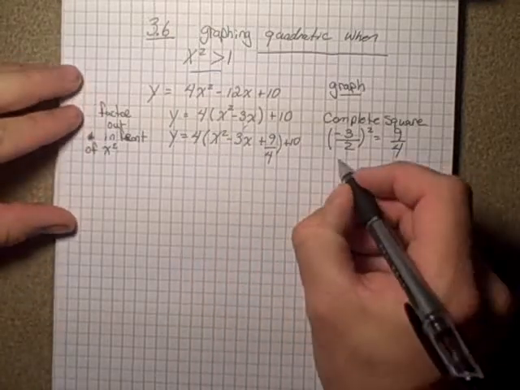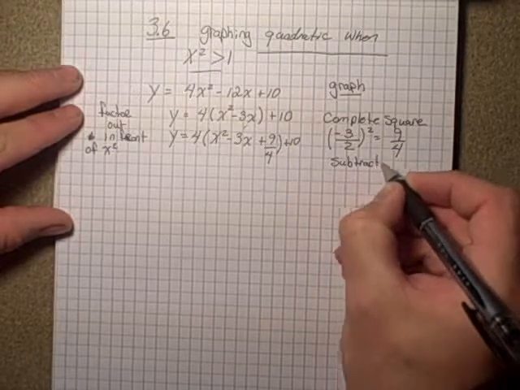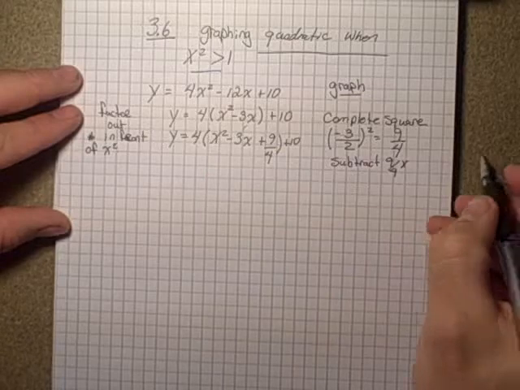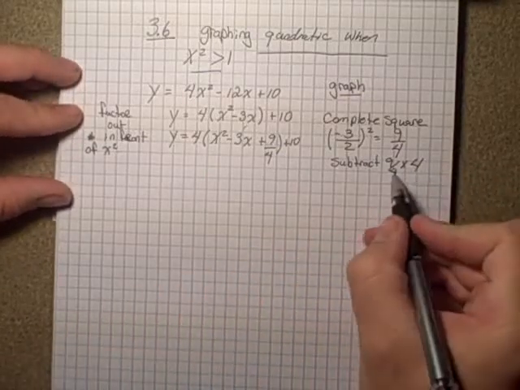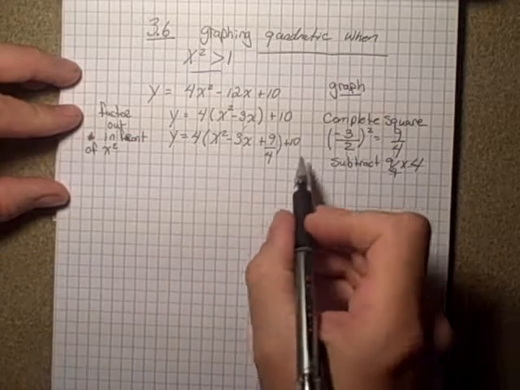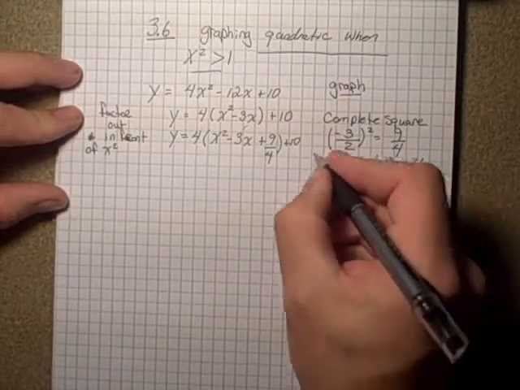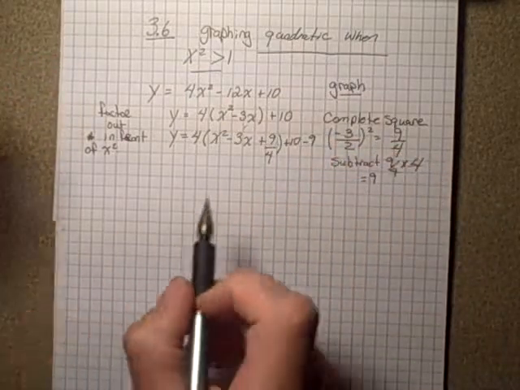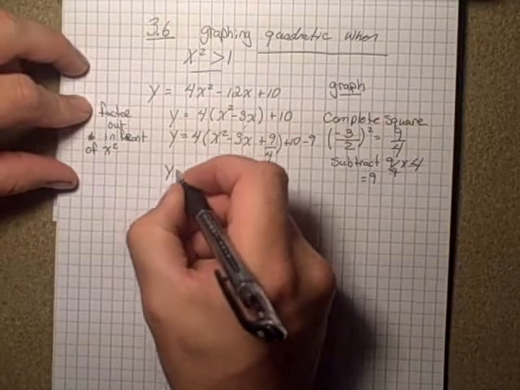So then we would subtract 9 over 4 multiplied by the coefficient out in front of the brackets, which is 4. If we do that, this just cancels out. So we're just subtracting 9 outside of the brackets. And then when we reduce this down into our vertex graphing form, we should have what we need.